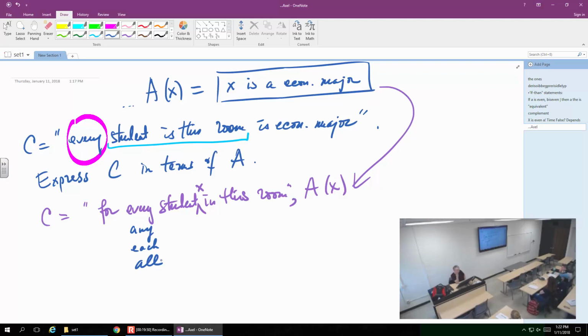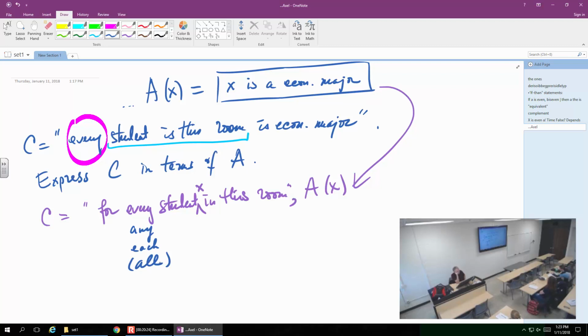So obviously they're all true, right? So all students in this room are, all, I guess, is not as applicable anymore because we're talking about one student at a time. That's why we chose X is an economics major. But otherwise, every, any, or each, all these words are appropriate. Sometimes, at least in my experience, any might be misunderstood as you pick a random one, and that's it.